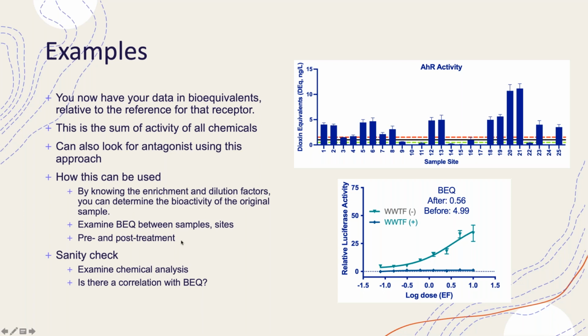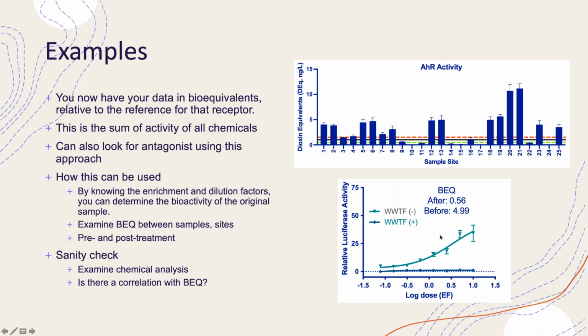So it's very useful to get this kind of qualitative assessment before and after treatment, as well as comparing and prioritizing sites. You can also do a sanity check. So you're looking at the presence of all the different chemicals using analytical approaches, and then you see if this matches what you're seeing for aryl hydrocarbon receptor activity.